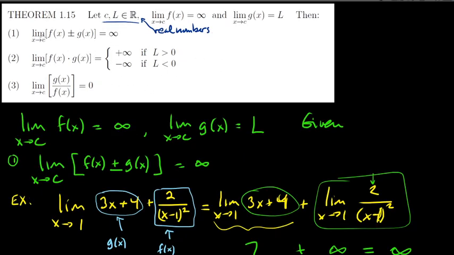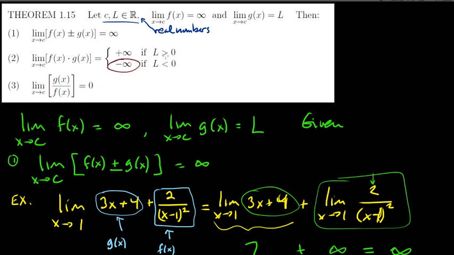But anyways, that should be an example for each of these properties up here. And it should make sense, right? Essentially, if you take infinity plus or minus any number, you still get infinity. If you take infinity times a positive number, you still get infinity. If you take infinity times a negative number, you get negative infinity.